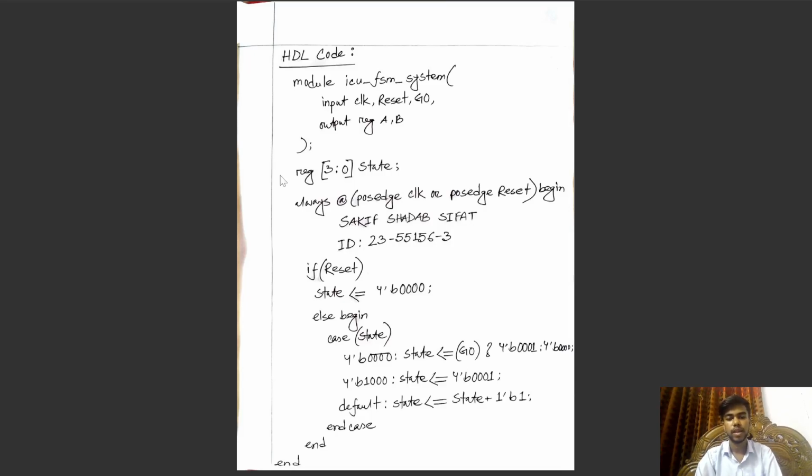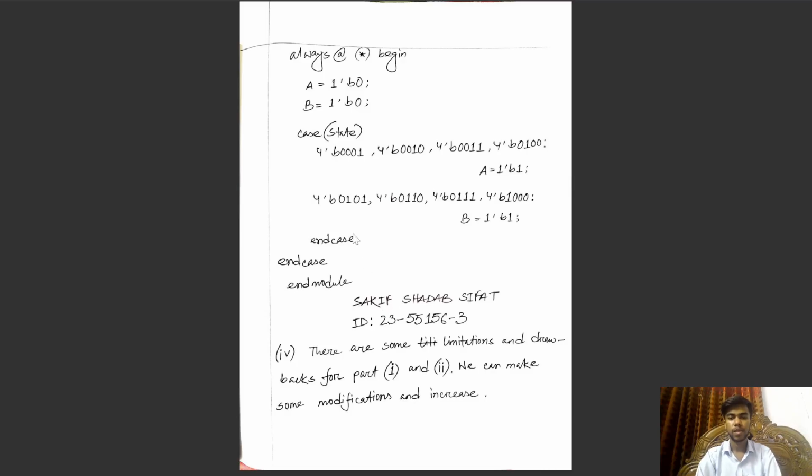So the register here is the state, then we need to check if the state is less than or equal to 4, then it will begin, and then case state, which is 4'b0000, so the state would be less than or equal, then it will go. And this is how the HDL code has been made. And here the module ends.